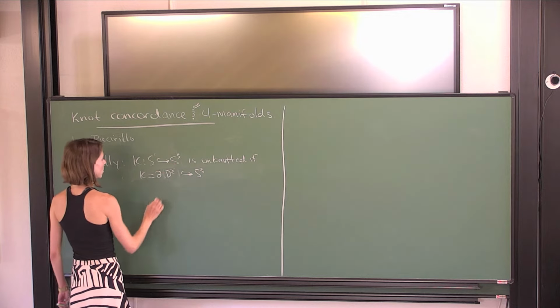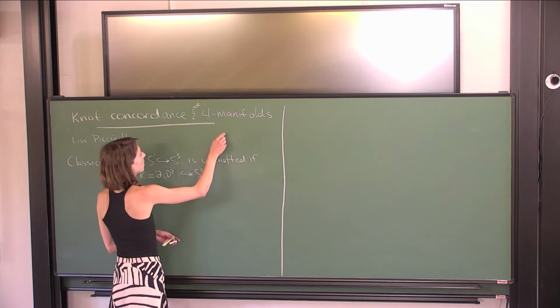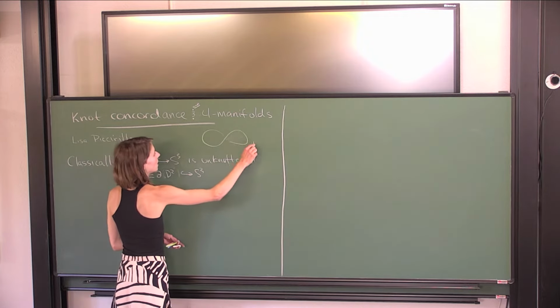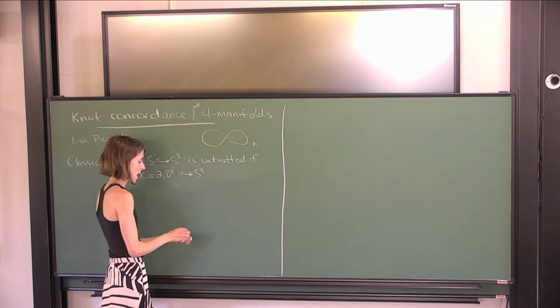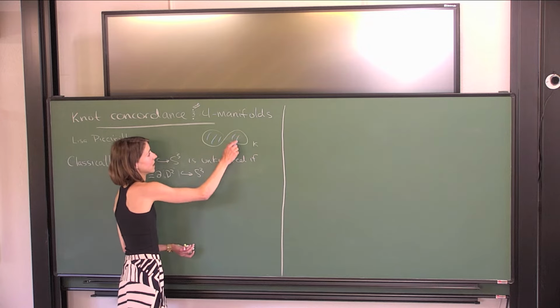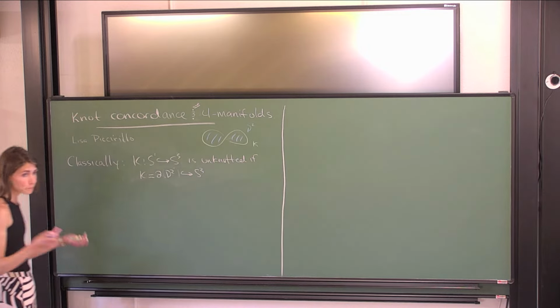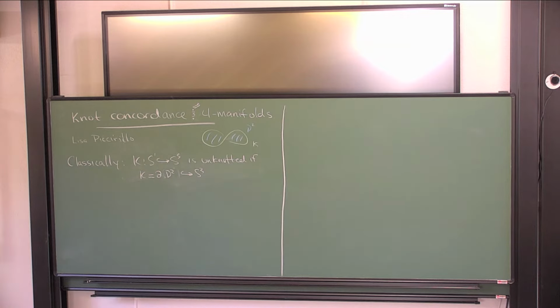So what you should have in mind is maybe your knot is something like this. And this is the unknot because it bounds this bow tie noodle disk in 3-space, like that. Okay, so that's what trivial knots are in classical knot theory.